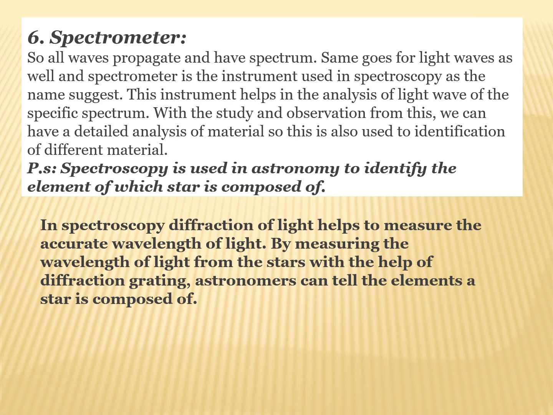The next application of the diffraction phenomenon is in the spectrometer, to study the spectroscopy of various elements. The spectrometer helps in analyzing the light wave of a specific spectrum.